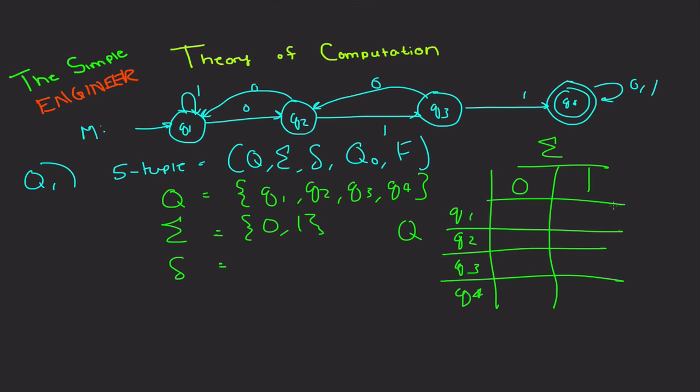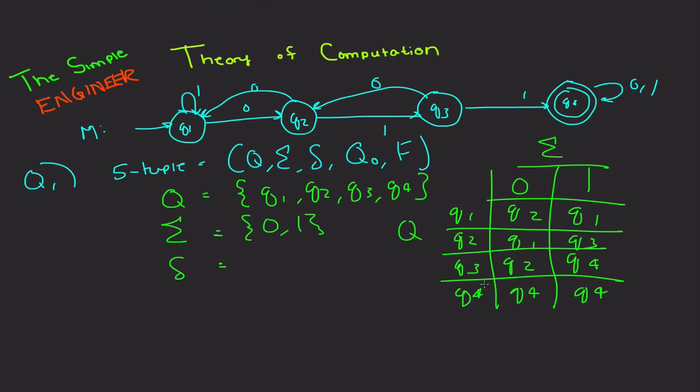What I want to do is see where I go on each input, what state am I going to end up at? So here I know that on a 0 I go to Q2, Q1, Q1, Q3, Q2, Q4, Q4, and Q4. So this is my transition table.